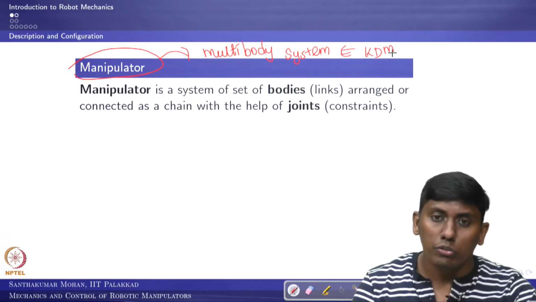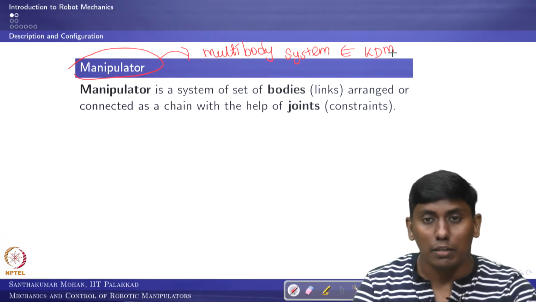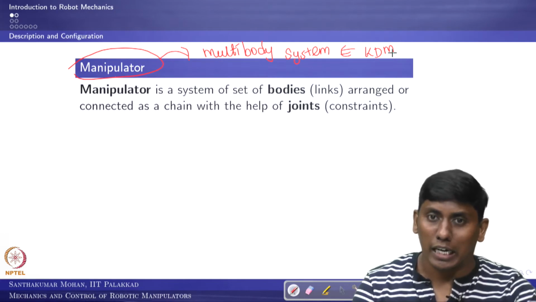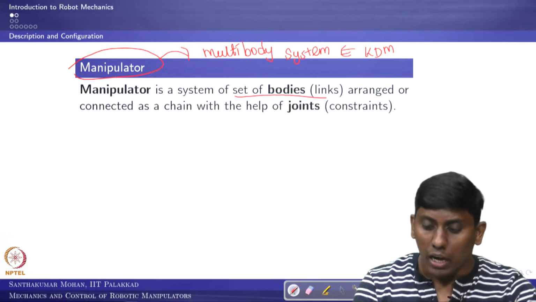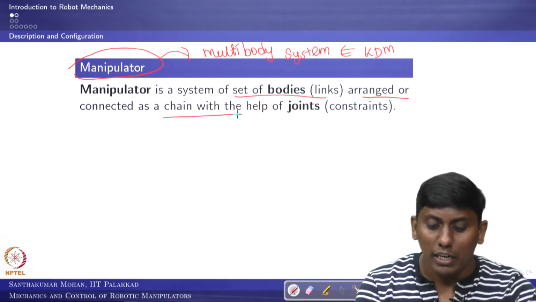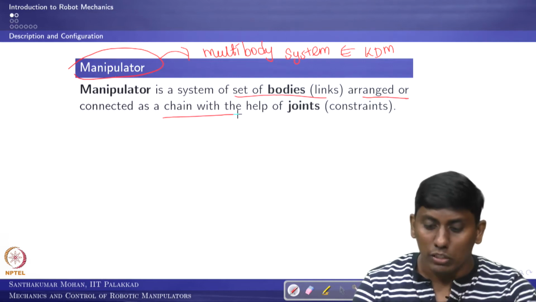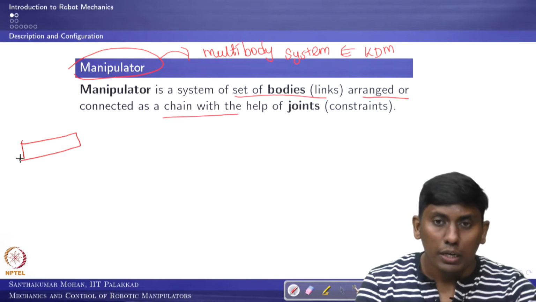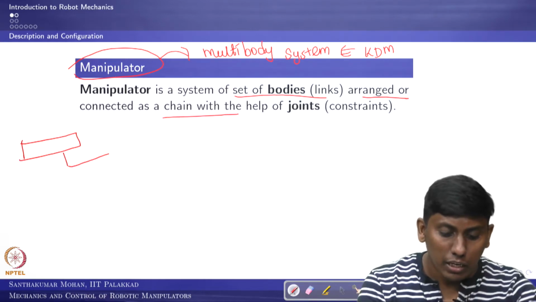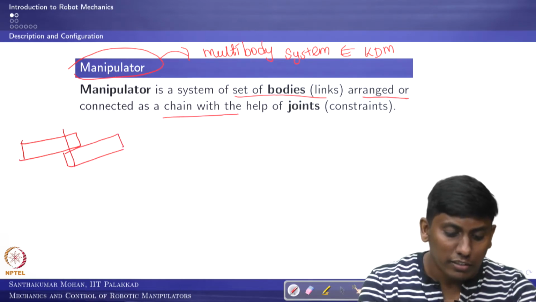But this is also very similar to what you have studied as linkages, mechanism or kinematic chain. This is also one kind of kinematic chain. It has a set of bodies arranged or connected as a chain with the help of joints, which we call constraints. For example, you take one body and this body is connected with another body. You take this body and ground it with this pin.